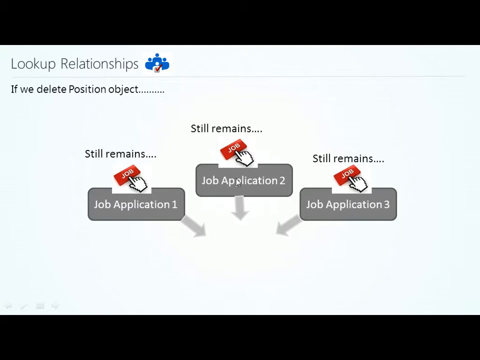These job application records do not give any value to us when we take them out from the context of the position record. If we delete the particular position record, the associated job application still remains. So we can say it is not that strong a relationship in an app. So that is about lookup relationship.